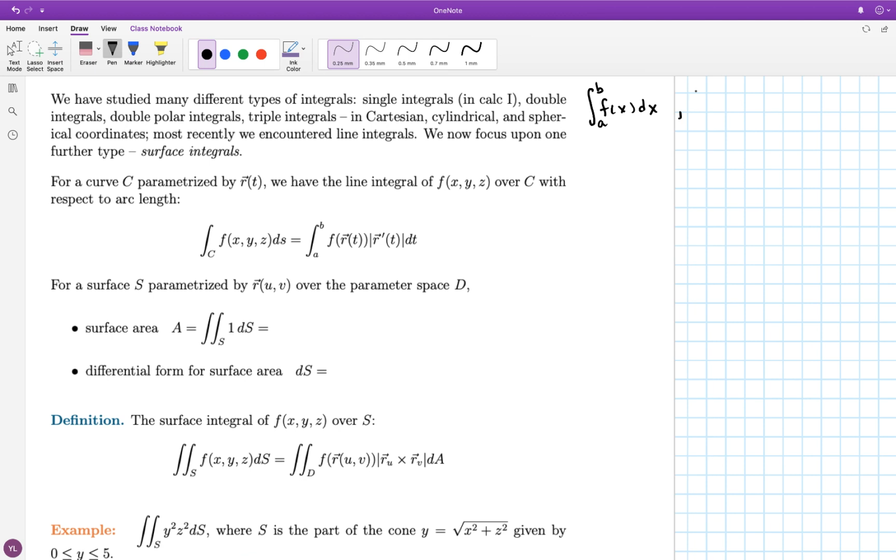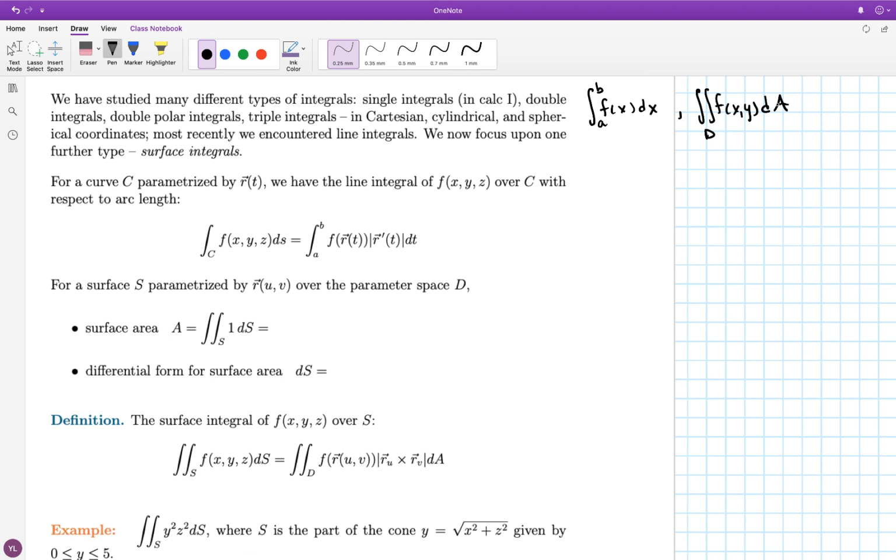And then in this class, we looked at double integrals of two variable functions over regions in the xy plane, and these would represent the net volume in between the surface f(x, y) and the xy plane.